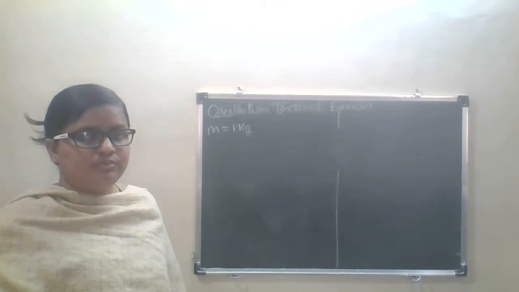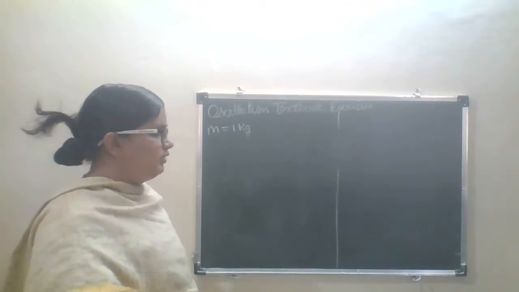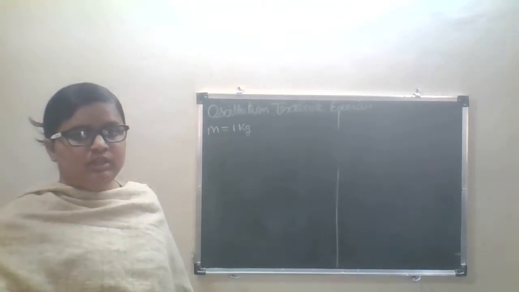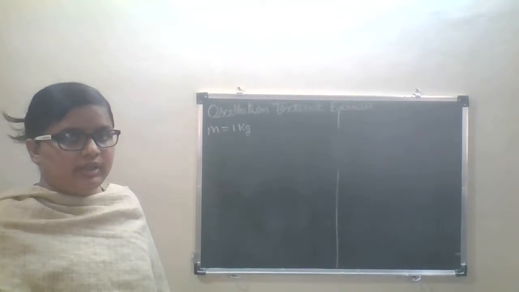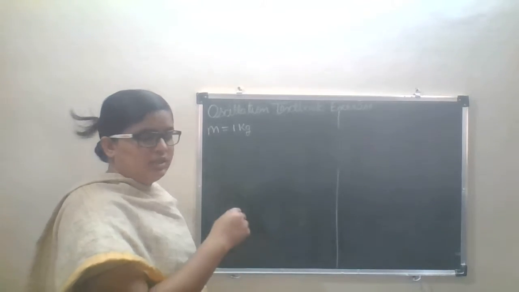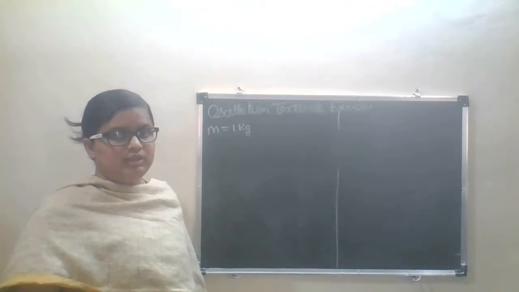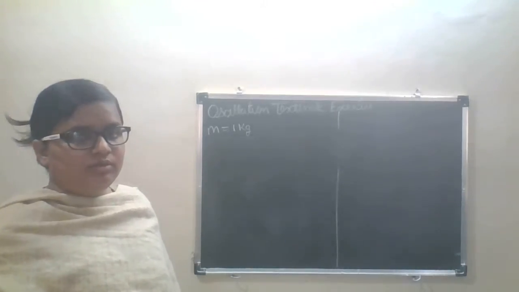So what you do, one by one: if I am solving question number 1, you read the first question, and then the solution is here on the board. For each question I will do like this only.